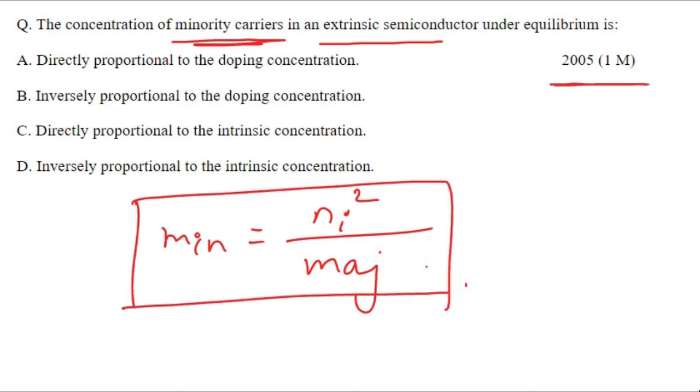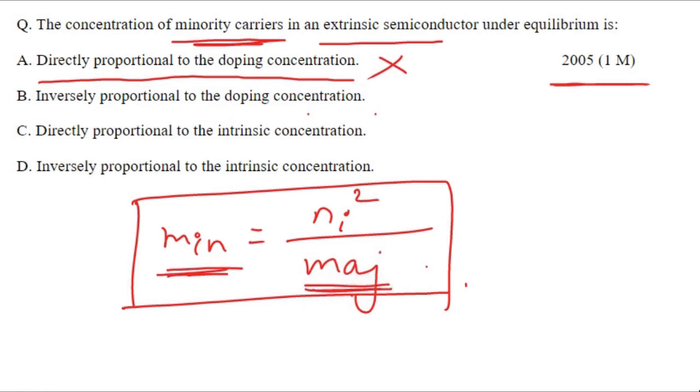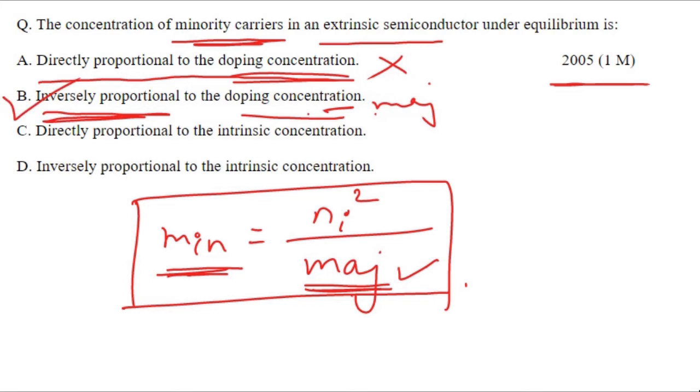Is it directly proportional to the doping concentration? No, this is not our answer. Inversely proportional to the doping concentration? Yes, it is inversely proportional. Doping concentration is the majority concentration. So our minority is inversely proportional to the doping concentration, that is the majority concentration. So option B is our correct answer. No need to see the further options.